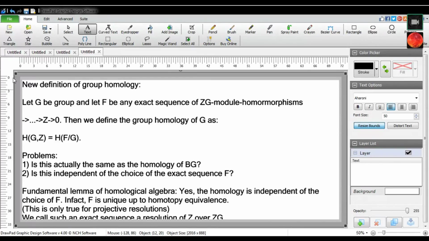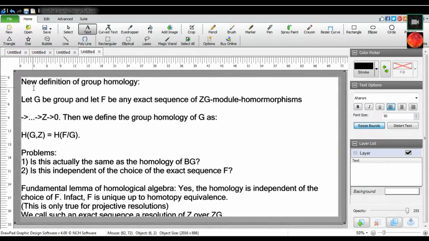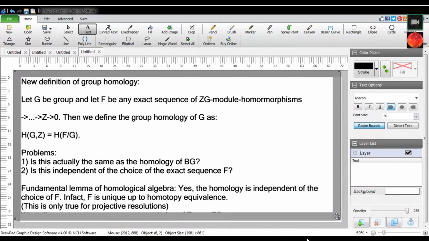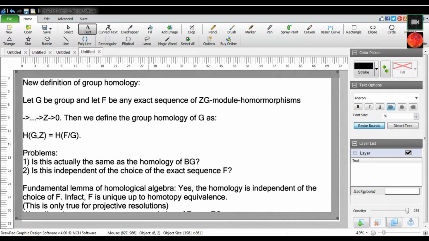I don't want to go into detail now, but all the resolutions you can think of with the obvious modules will be projective. It's actually not that obvious with the groups you know to construct a resolution that is not projective. Any questions so far?